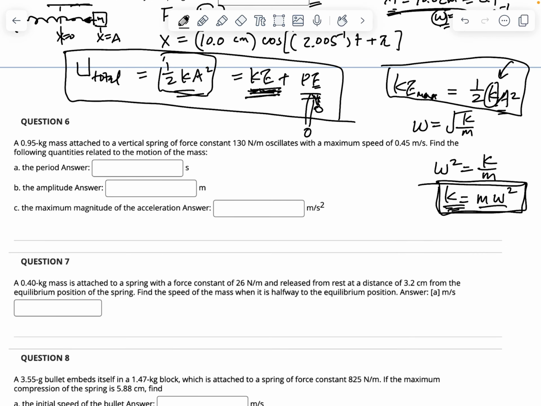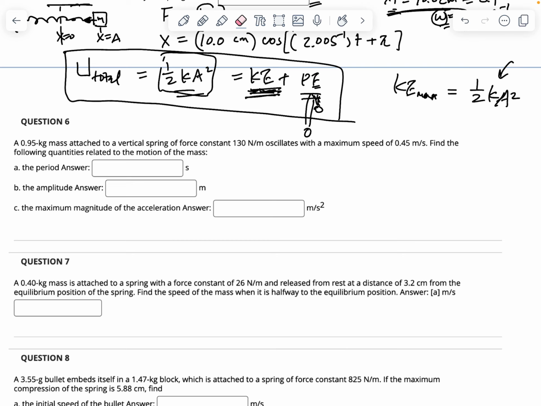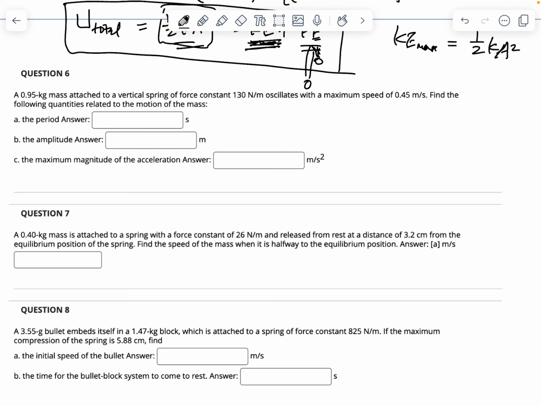All right, next question. A 0.95 kg mass is attached to a vertical spring. So this is a vertical spring.